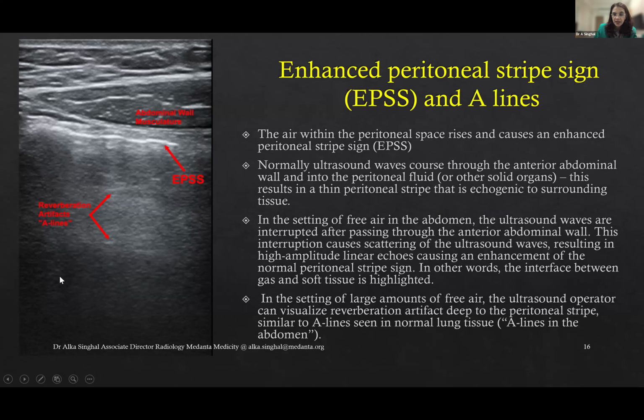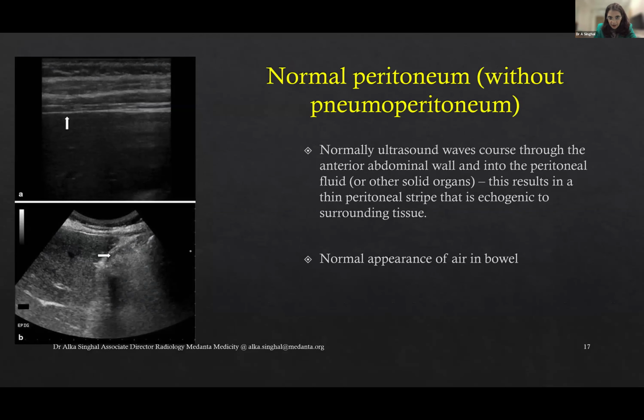And of course, in those areas with shadowing, you will see reverberation artifacts deeper to this, which lead to these A lines, which you normally see in the lung parenchyma. So again, that points to the appearance of echogenic pneumoperitoneum. And just to recap, this is how a normal one looks.